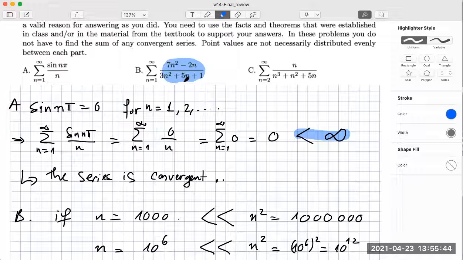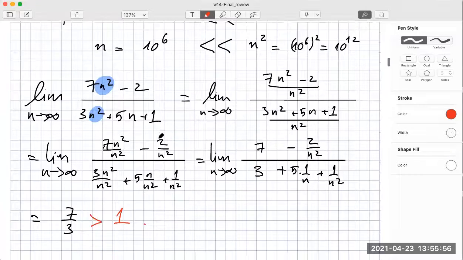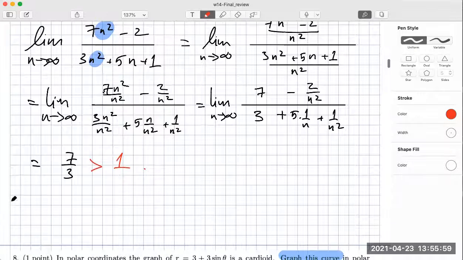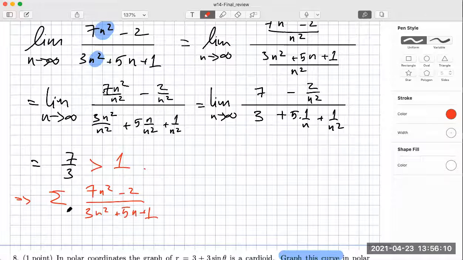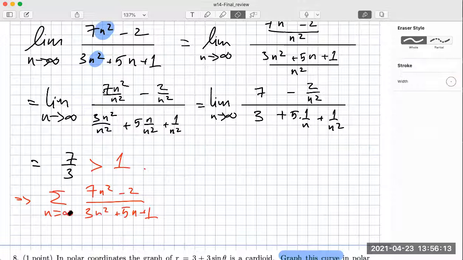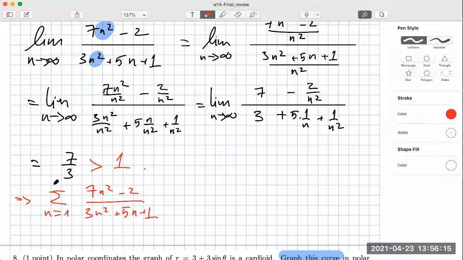They say that if a series is convergent, then the limit of its terms should go to 0. But it is not the case here, right? Therefore, the series of 7n squared minus 2 divided by 3n squared plus 5n plus 1, from 1 to infinity, is divergent.